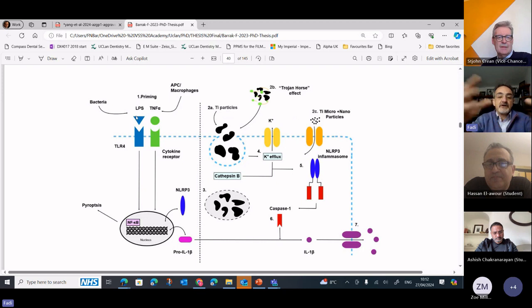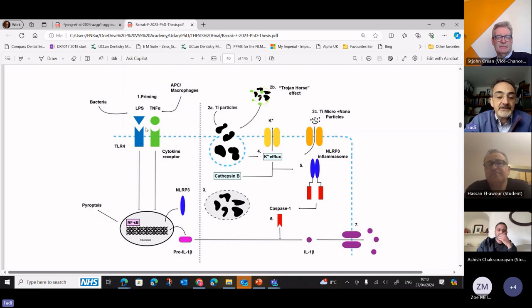But in essence, when you've got a macrophage that meets a bacterial component, whether it's an RNA or lipopolysaccharide, it can get primed through what we call the toll-like receptors. Priming means it's now activating the nuclear factor kappa B gene for making some pro-inflammatory cytokines.